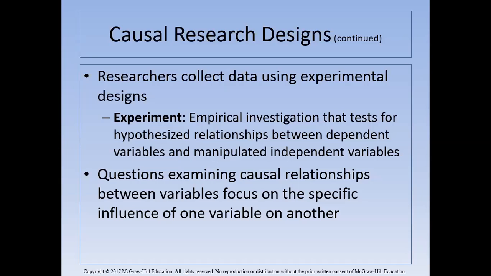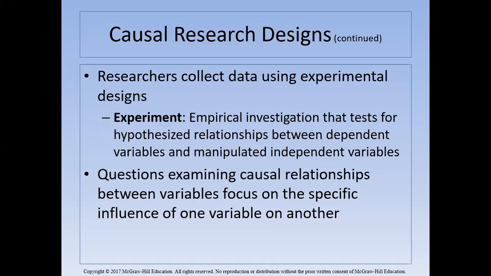So the question was examining the causal relationship between variables, focusing on the specific influence of one variable on another. You just want to make sure you are controlling them, because if there is another variable changing and causing the change, then you cannot say this is causing the improvement or the increase or decrease in the other.